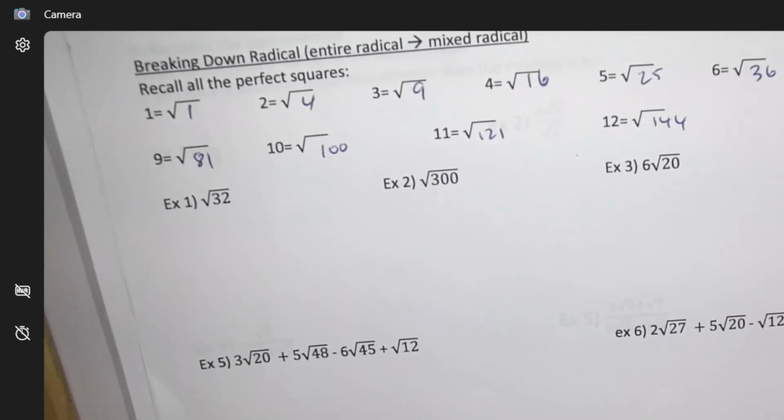Okay, so these perfect squares are numbers you kind of have to have memorized, okay? Recognizing the perfect squares. Breaking down a radical.